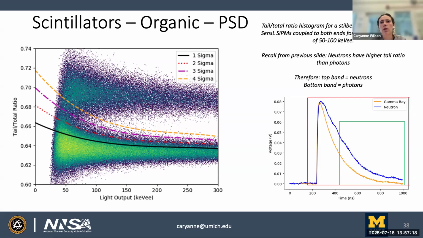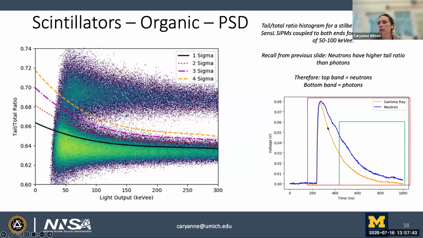And so the proton interaction will emit more light through a process called delayed fluorescence than the electron interactions. And this is obvious when you look at the shape of the pulses from this detector.